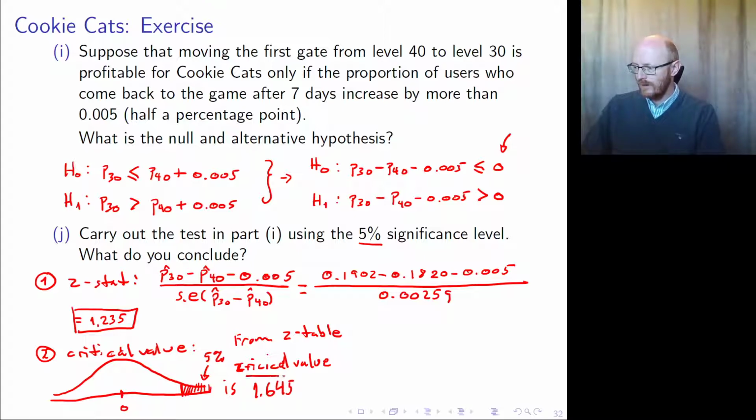Okay, so this is the critical value we have to use. And our test is whether or not the z statistic is greater than the critical value.